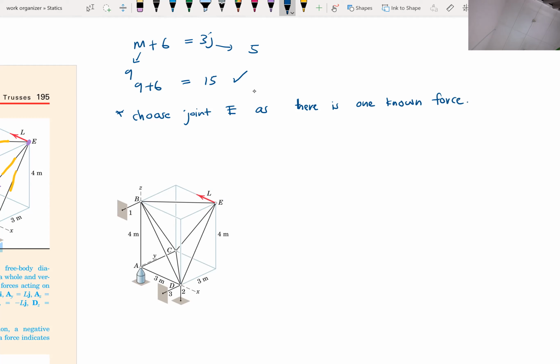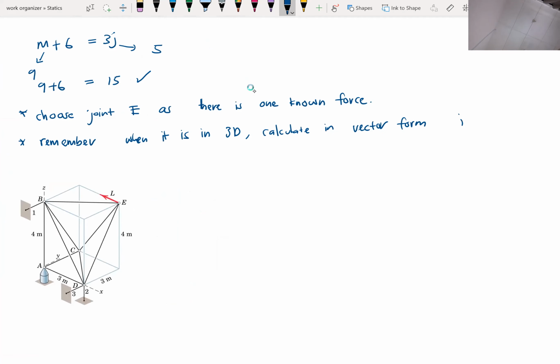And then please remember, when it is in 3D, please calculate in vector form, which is I, J, and K.